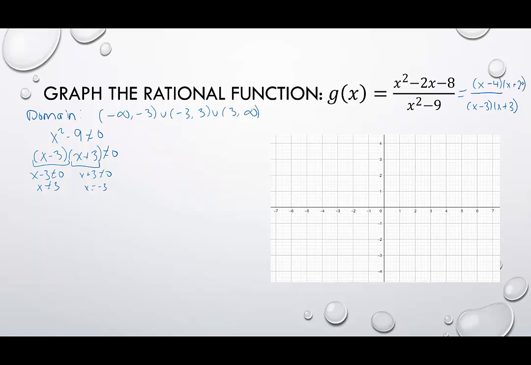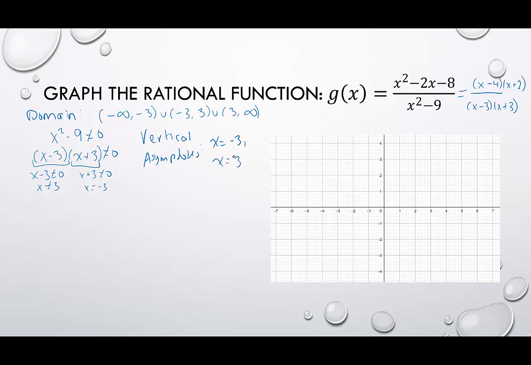And it doesn't look like we have any common factors, which indicates to us that the two discontinuities in the domain are vertical asymptotes. So we're going to say vertical asymptotes are x equals negative 3 and x equals positive 3.